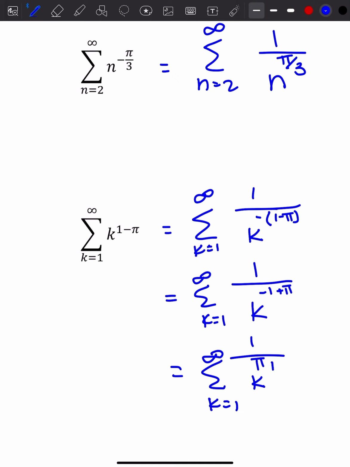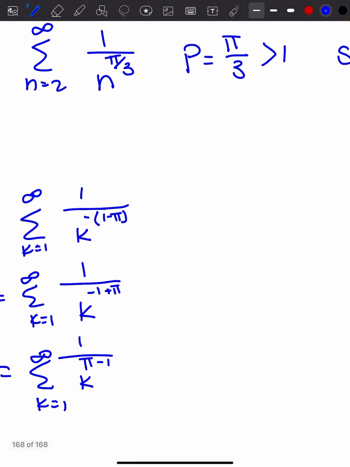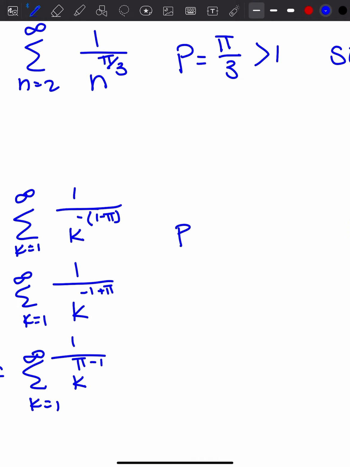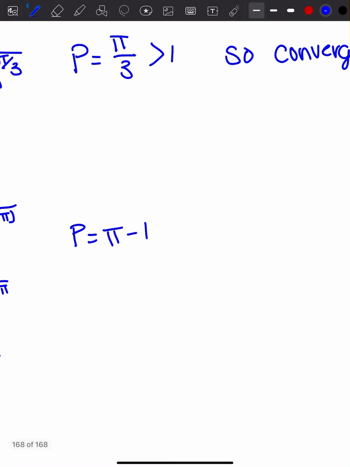So the good news is that pi is bigger than 1, so we know that that is going to be a positive power. So this is a p-series. P is going to equal pi minus 1. 3.14 minus 1 is still bigger than 1, so this converges.